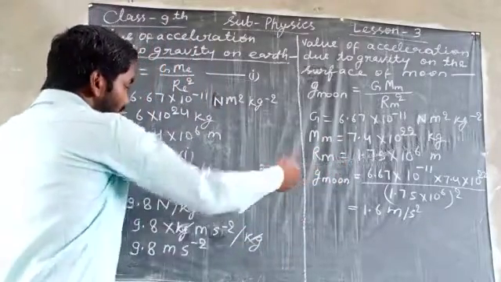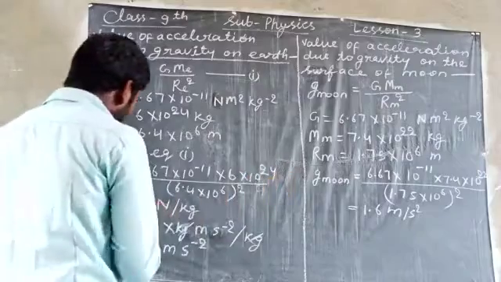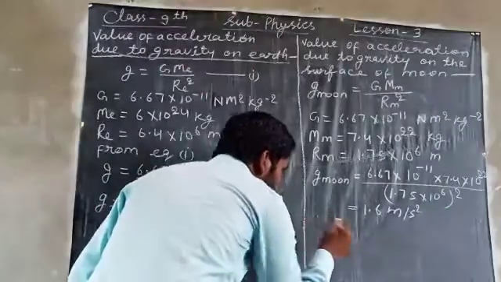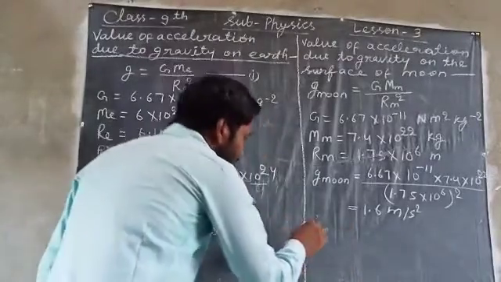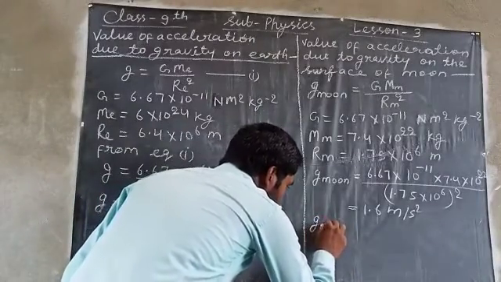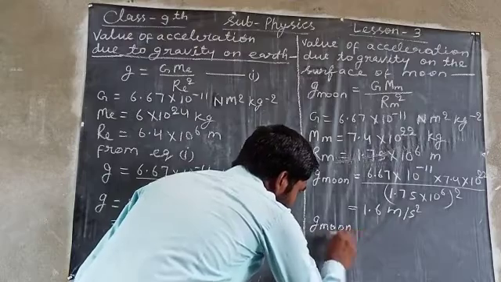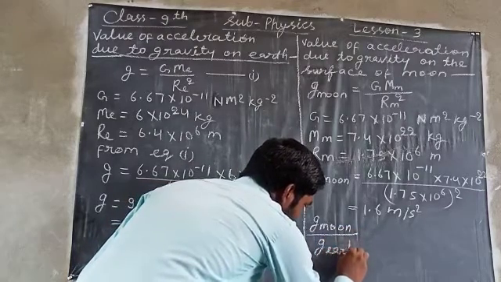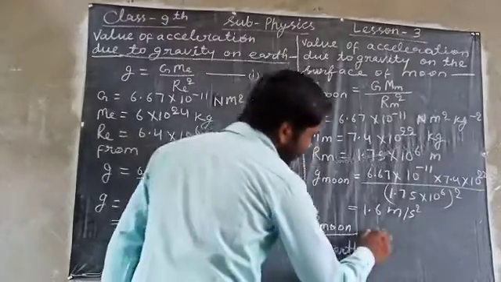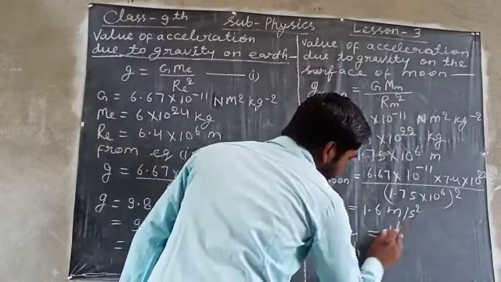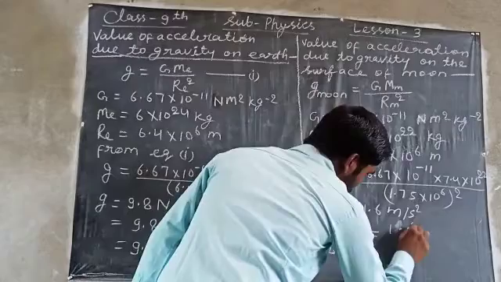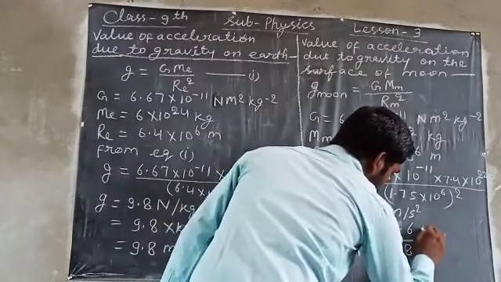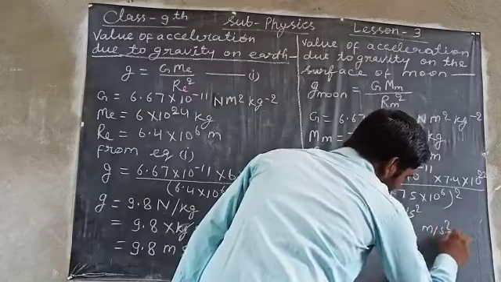Now we can compare g moon upon g earth. So let's compare the values of g moon and g earth, or g e. So 1.6 upon 9.8, both in meter per second square.